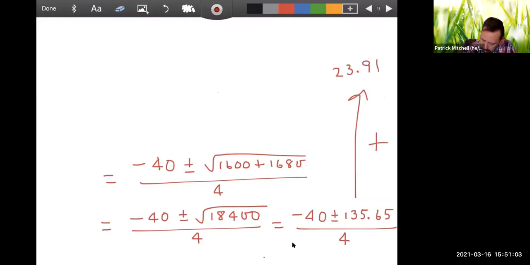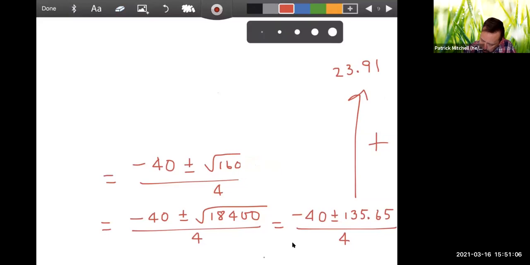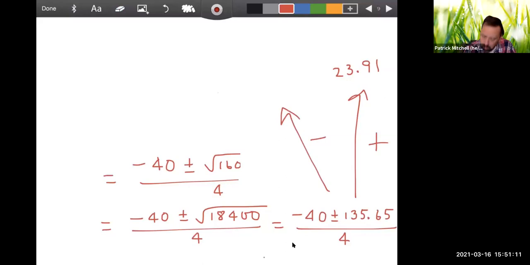The other solution is with the minus. So that's negative 40 minus 135.65. And that one comes out to about negative 87.8. Let me double check that. That sounds fishy. 135.65 divided by, oops, okay. Glad I did that over. Negative 43.91.